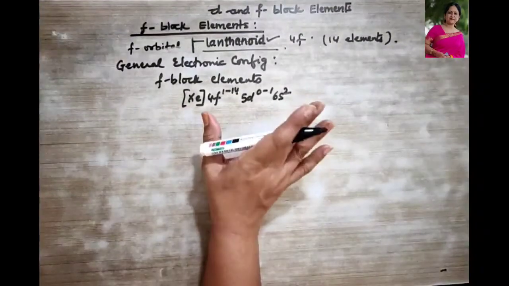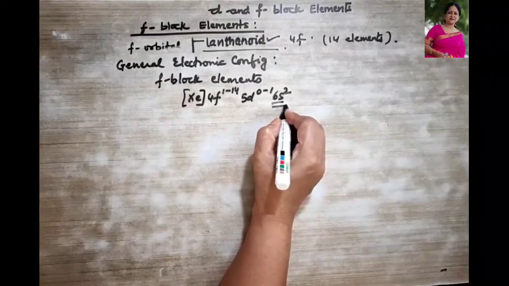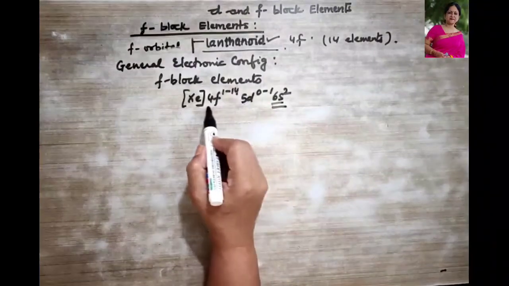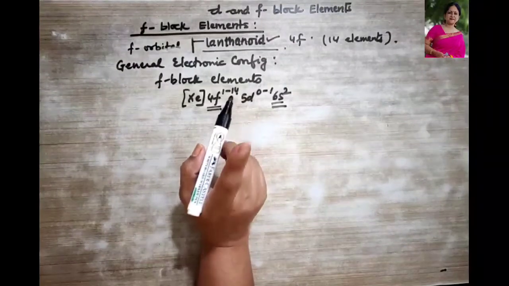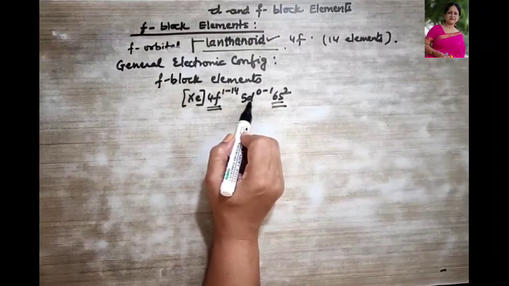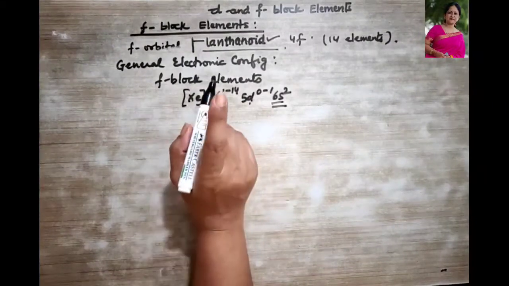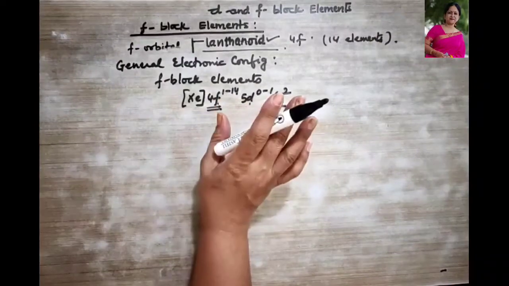Now the lanthanoids have electronic configuration with 6s2 filled, and the gradual filling of what are you going to see? 4f orbital. But due to similar energies of 4f and 5d orbitals, the order of filling of the 4f orbitals is quite irregular.